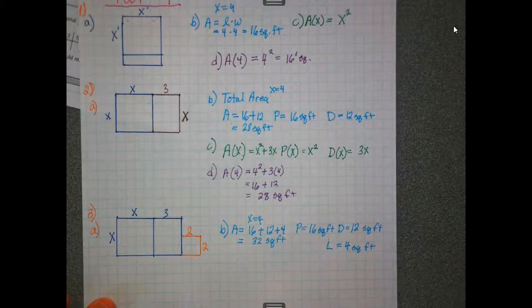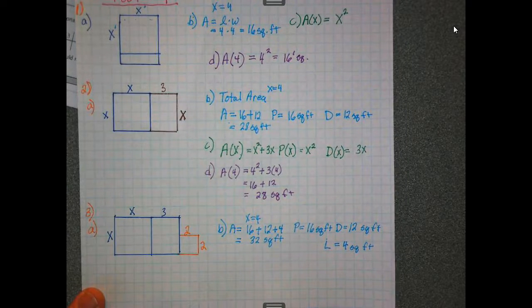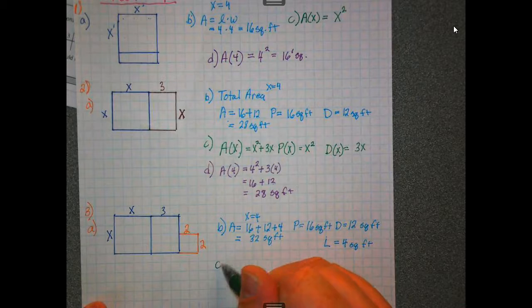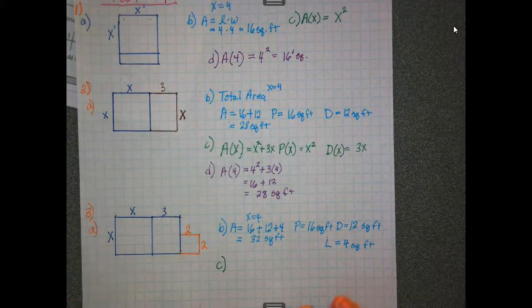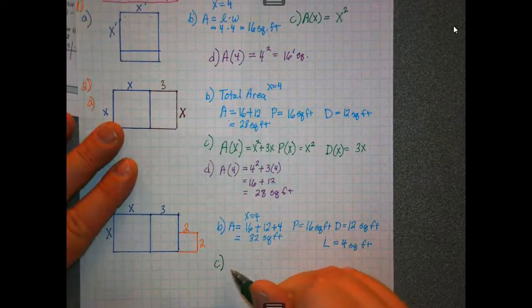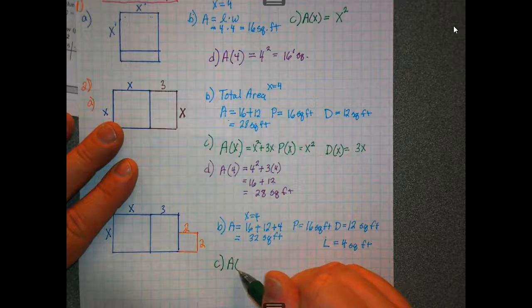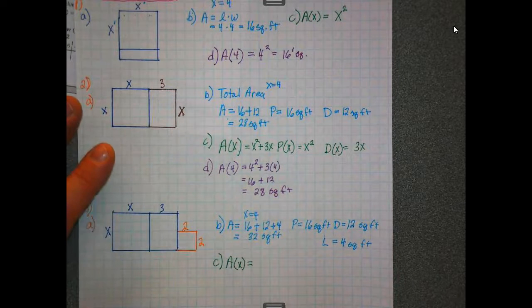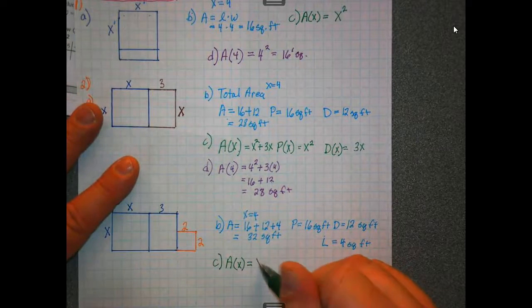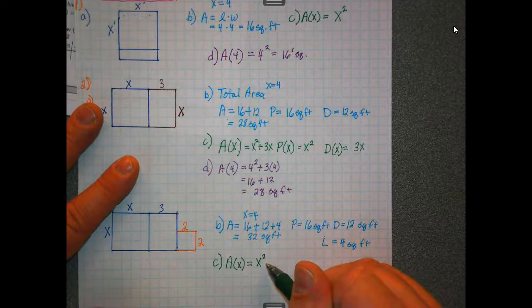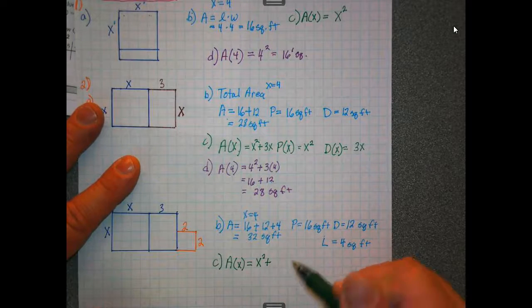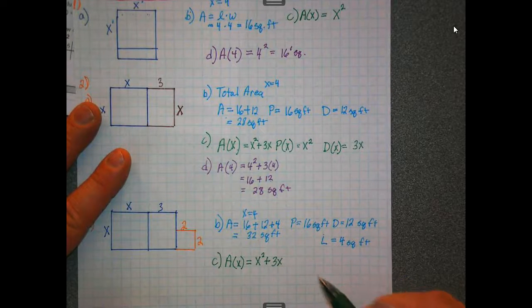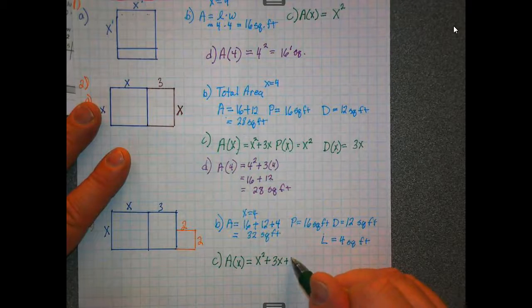Now we need to put it in terms of X. That's what C says. Put it in a function. So I have A of X equals, what was the X squared? What was the function for the deck? And what am I adding to it? Does that look familiar yet?